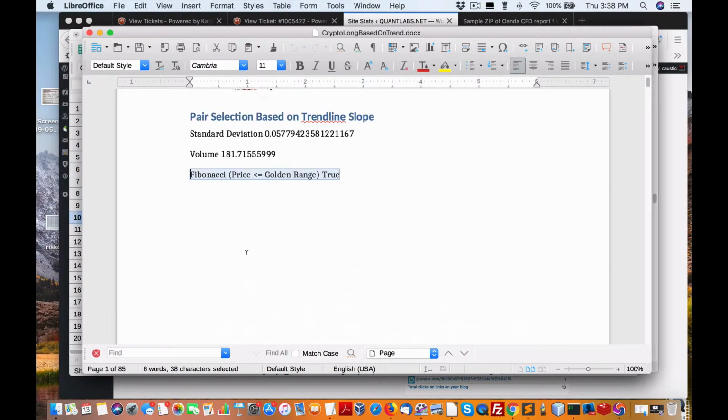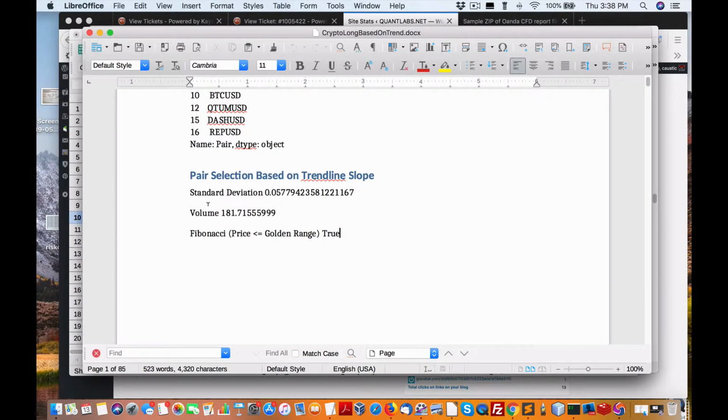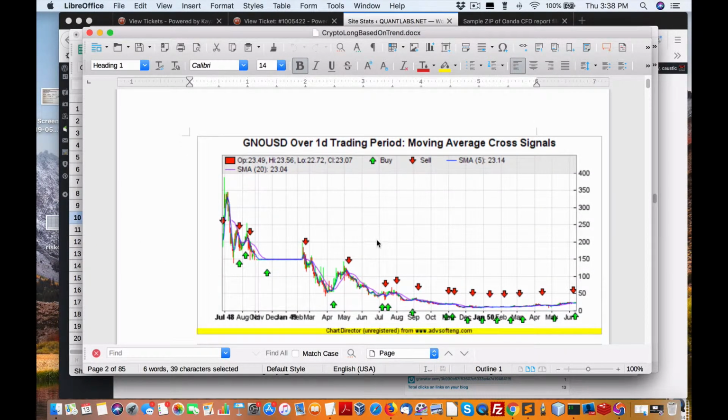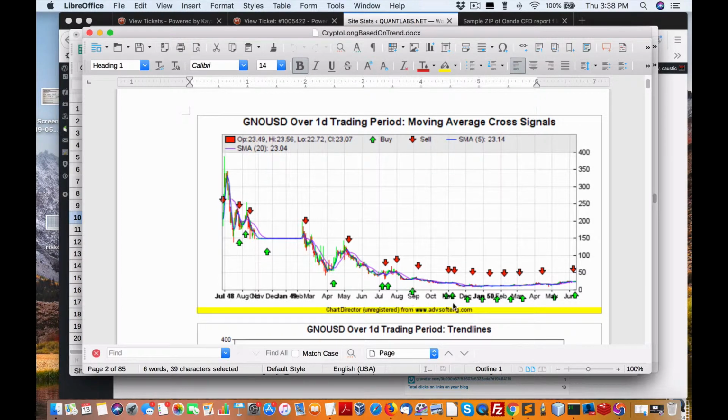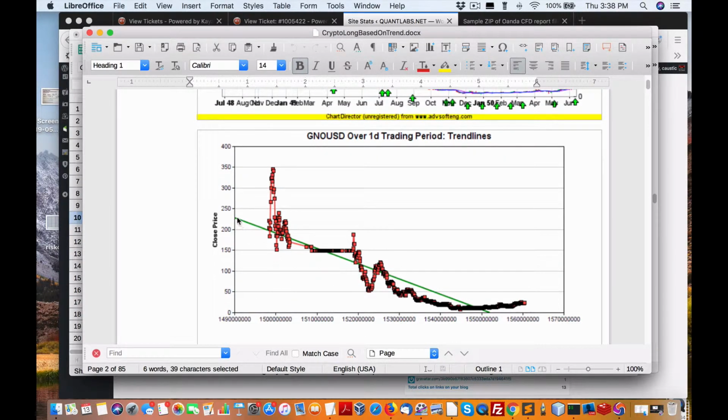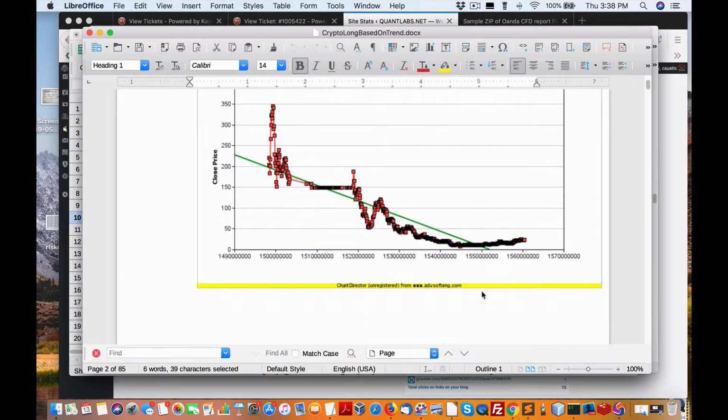Now, I reported this, oddly enough, on my Instagram, this GNO. Gnosis, I believe it's called. You can see here all these false positive signals, so don't believe the hype. But from a historical point of view, getting killed off on the trend, and it's just kind of outperforming because it's been so low.